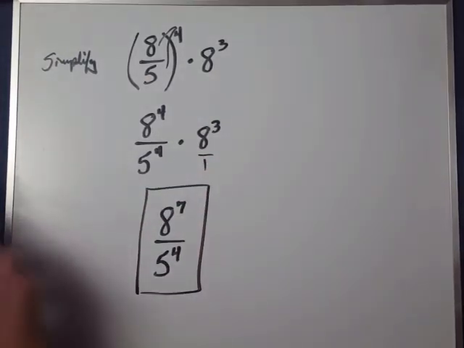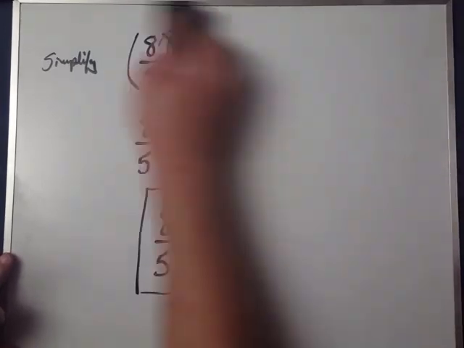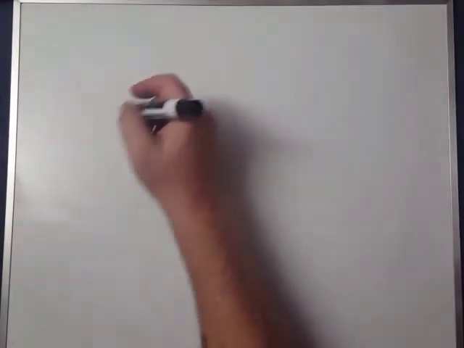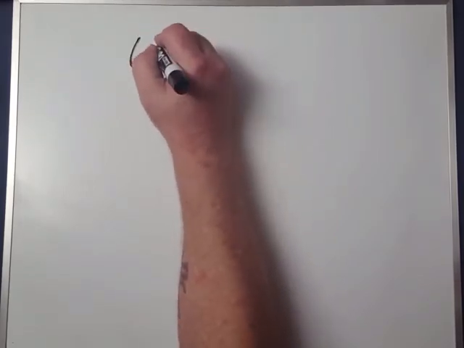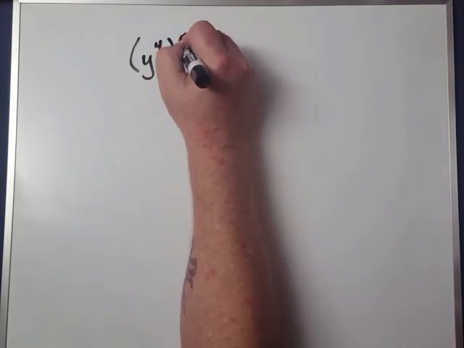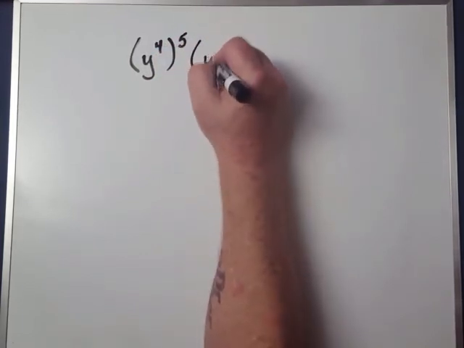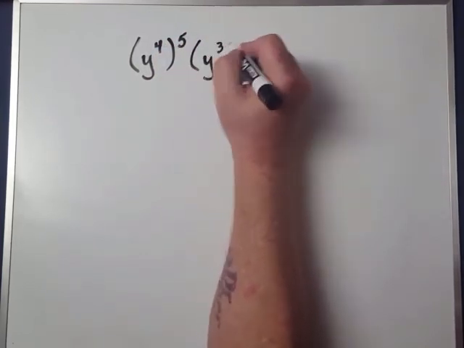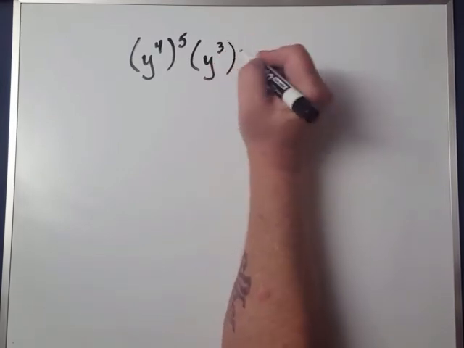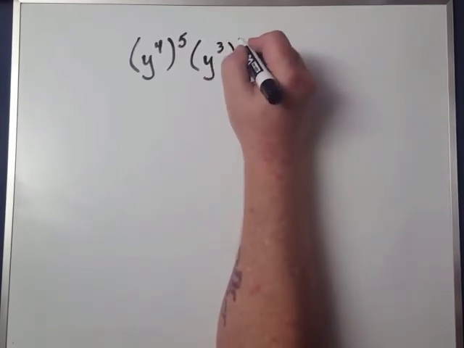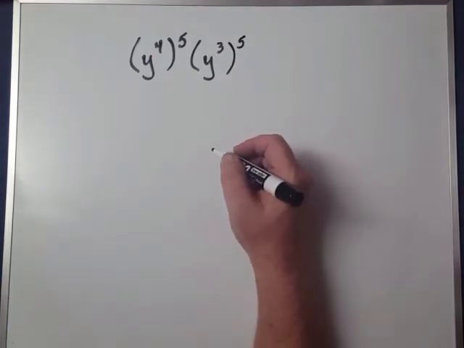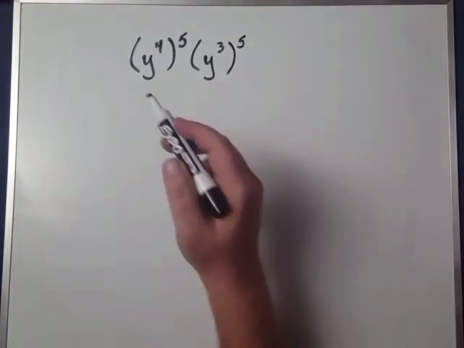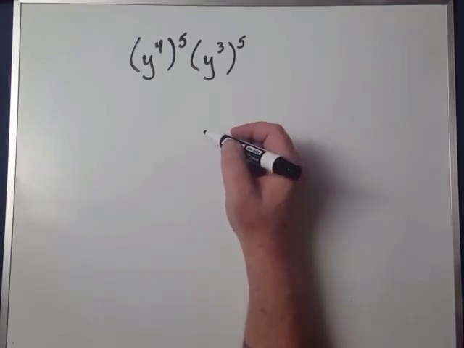Let's do another one. Number 78. Of course, what we're doing in this bank of problems is putting all of these rules together. Simplify. Now this one doesn't have any numbers raised to a power, so the instructions simplify work just fine here. What are we going to do first?